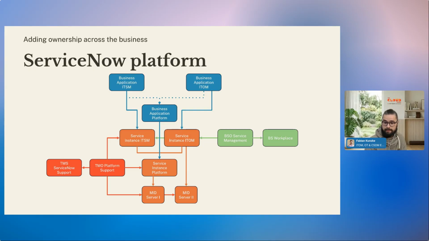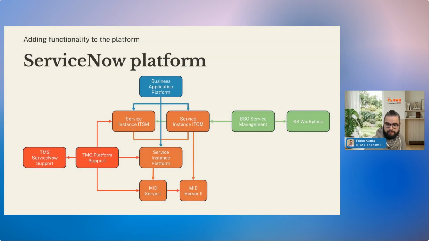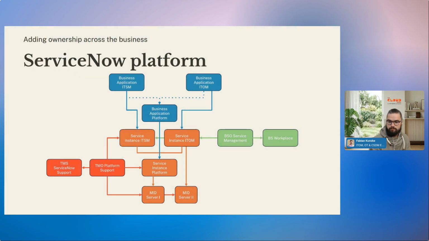If that's the same person, we can go back to this. If it's the same team, we can stick to that. Just because you saw a screenshot of something very complex doesn't mean you have to do that. The reason why we want to stick with a simple approach is every time we add new objects to this model, we need to maintain them.